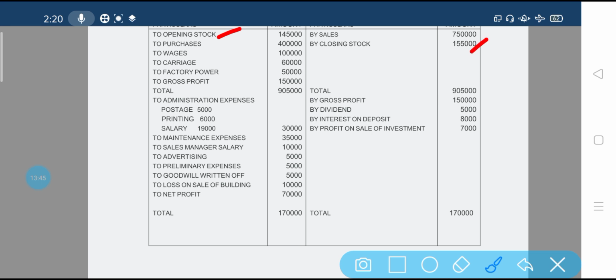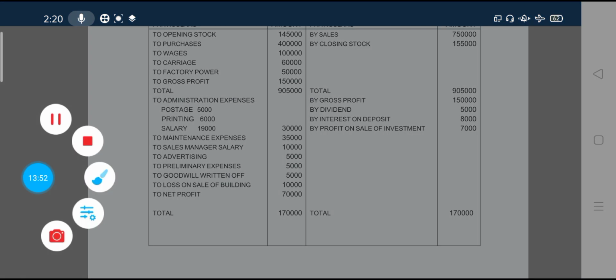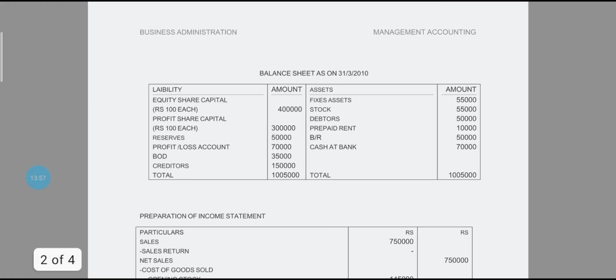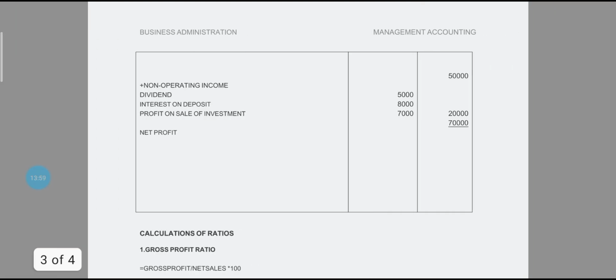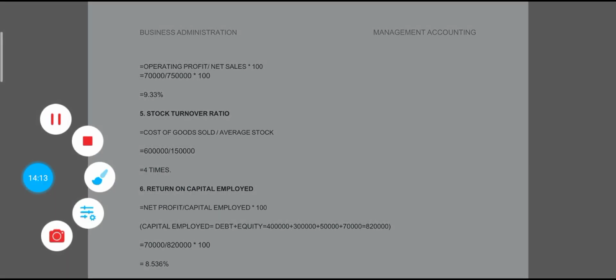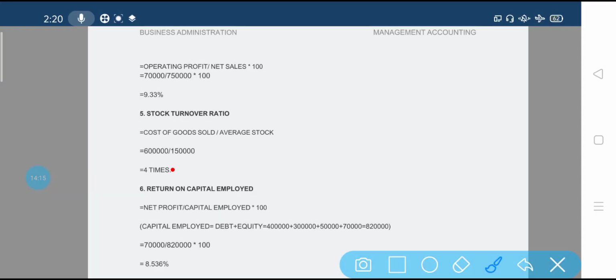Here also 1,55,000. 1,45,000 plus 1,55,000 is 3 lakh, divided by 2, 1,50,000. So the total answer is, stock turnover ratio is 4 times.